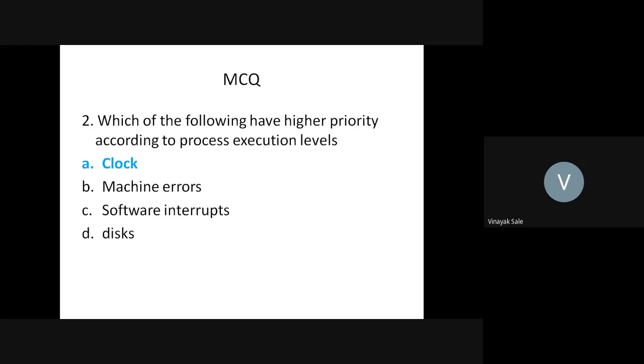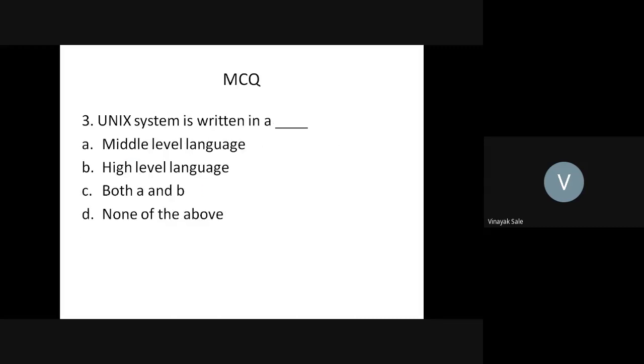Then question three: Unix system is written in middle level language, high level language, both A and B, or none of the above. Unix system is written in both middle level language and high level language.